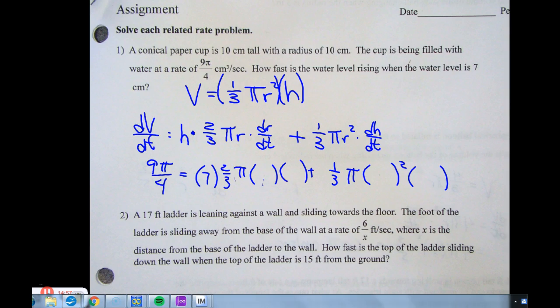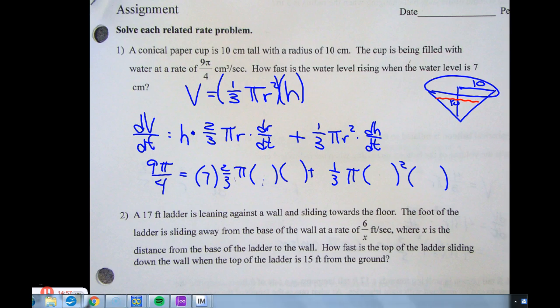So if you kind of draw out this cone, that's 10. Let me try to draw it actually to scale. That's 10, and that's 10. It's still not quite to scale, but it's better. That's the size of the cone. The amount of water in there is right here.